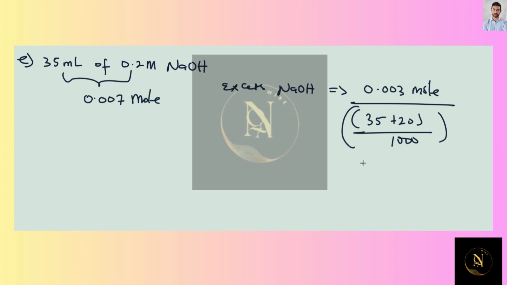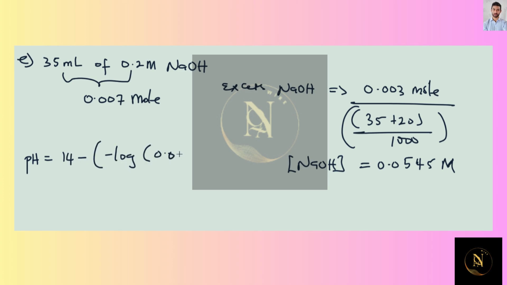So the concentration is 0.0545 molar. Then we can calculate the pH, and that will be 14 minus the negative logarithm of 0.0545, and that will give us 12.736.